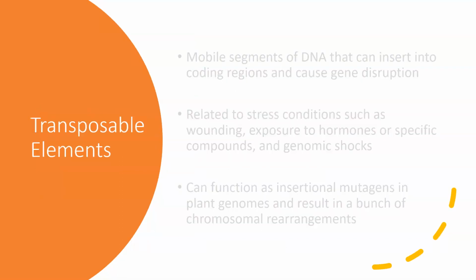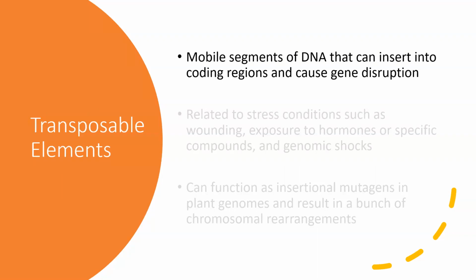Activation of transposable elements can also be a cause of somaclonal variation. Transposable elements, or transposons, are mobile segments of DNA that can insert into coding regions and cause gene disruption.